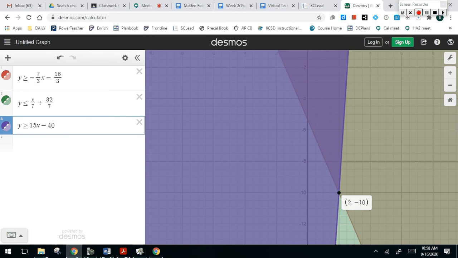Number 16. Y'all were asking about all the word problems. Number 16 says Jane's band wants to spend no more than $575 recording. It's going to be less than or equal to, because they don't want to spend any more than that.